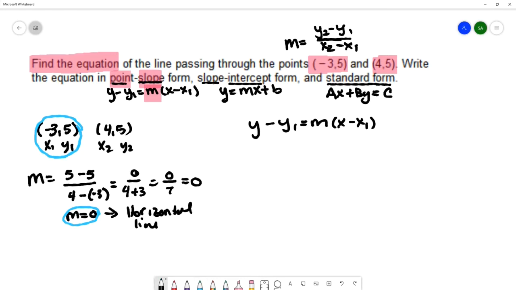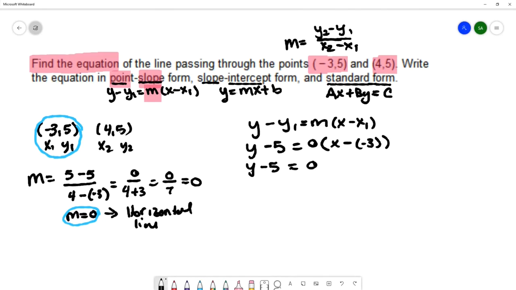So we have y minus y1, which is 5, equals m, which is 0, times x minus x1, which is -3. We're going to simplify this just a little bit. On the right-hand side, 0 times anything is 0. And so we get our point-slope form of this line to be y minus 5 equals 0.